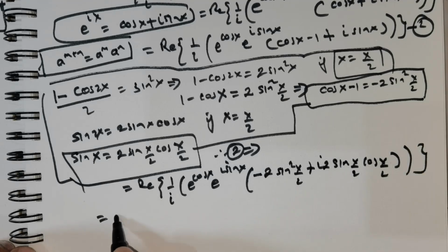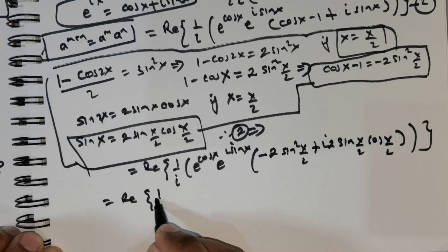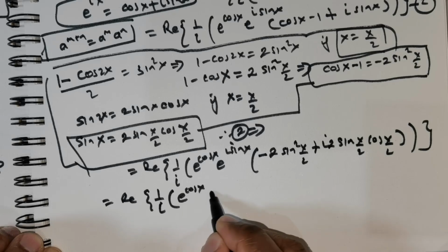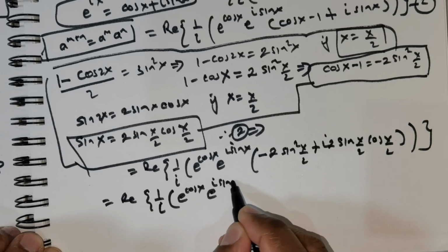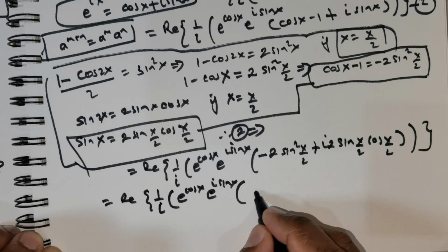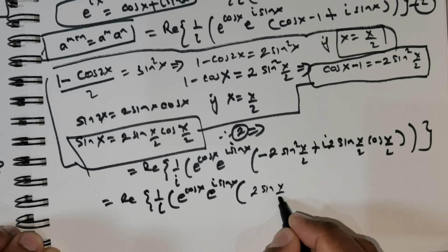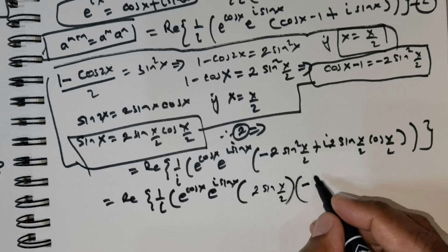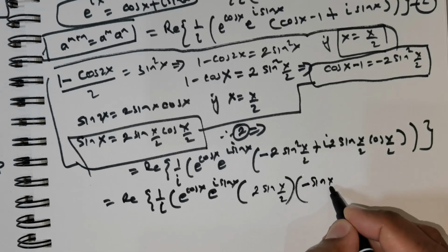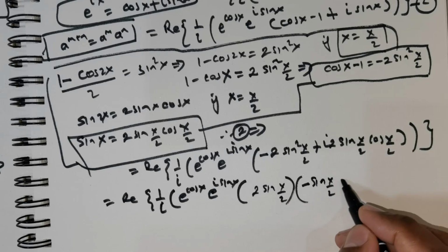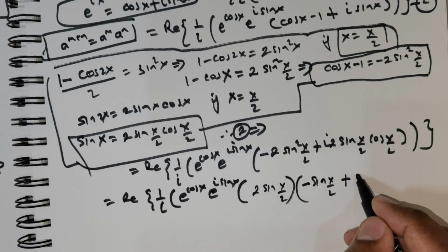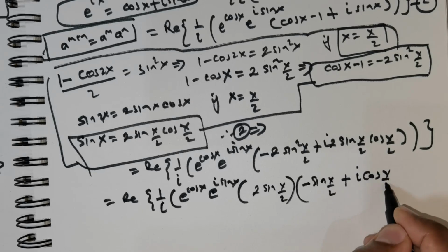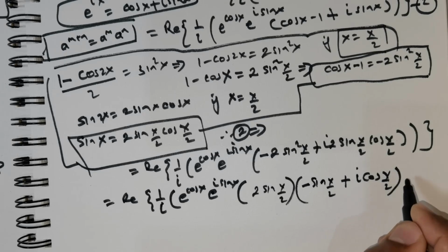And you can take 2 out, sin x over 2 out, and that would give us negative sin x over 2 and positive i. 2 is gone, sin x over 2 is gone. You get cos x over 2, right? This is what you have got.